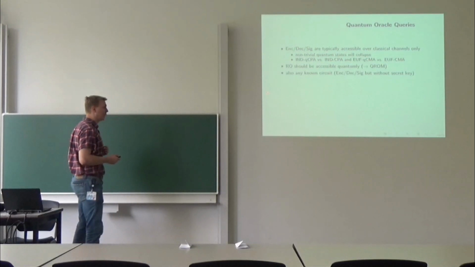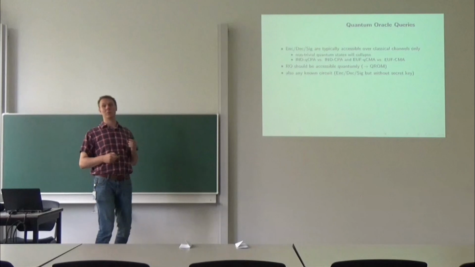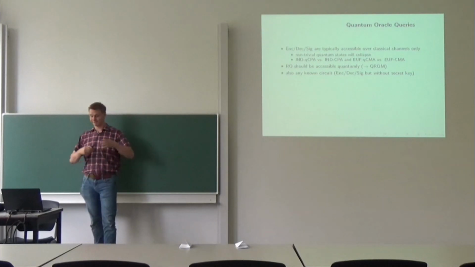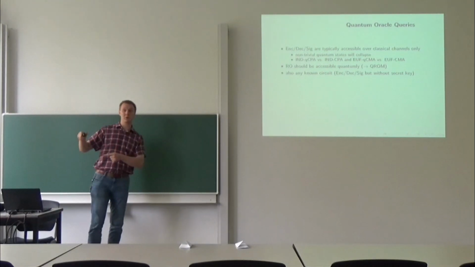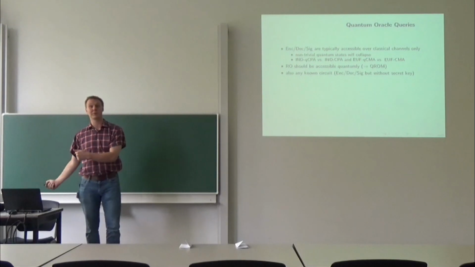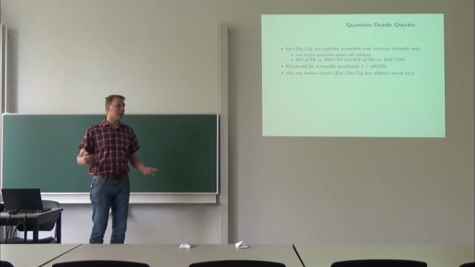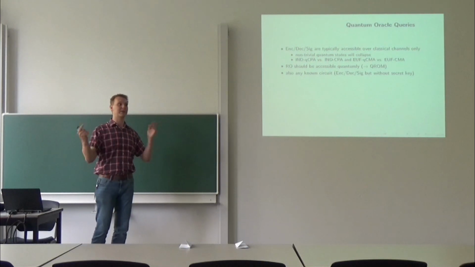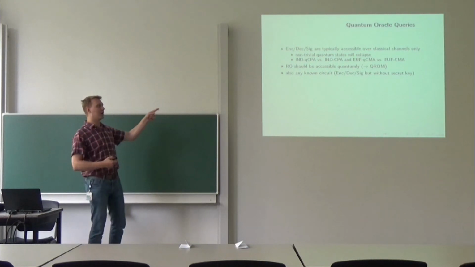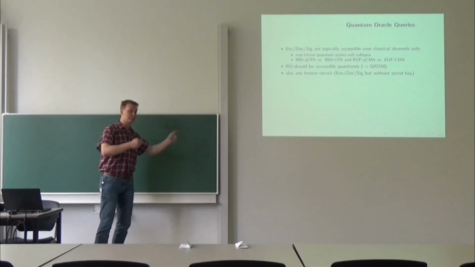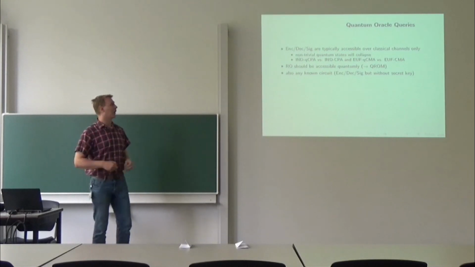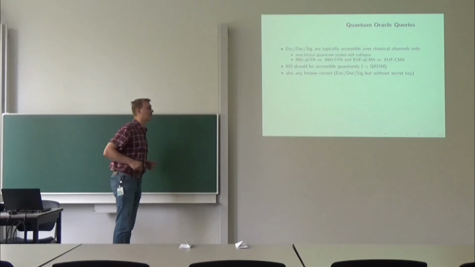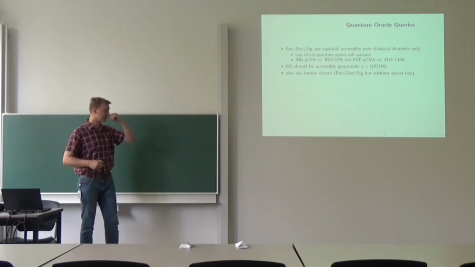On the other hand, whenever you model a hash function as a random oracle in order to make your security proof work, well, your adversary doesn't need any secret key or interaction with secret keys to evaluate the random oracle on a superposition of inputs. So this is what gives rise to the quantum random oracle model.